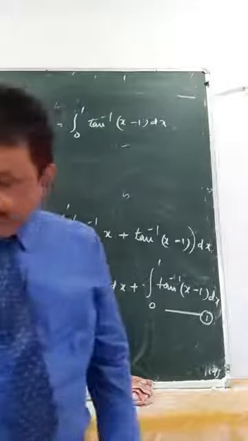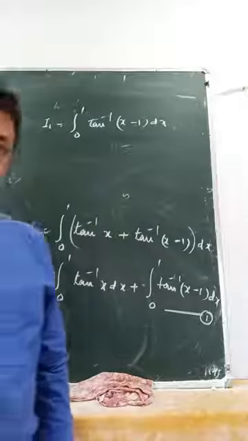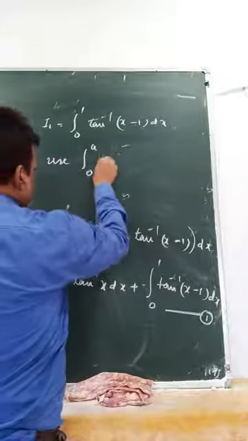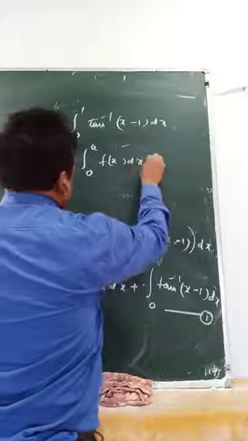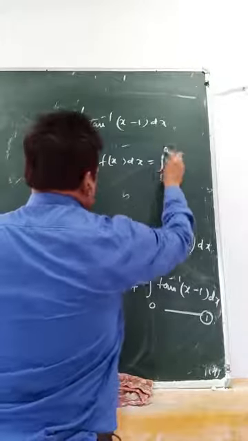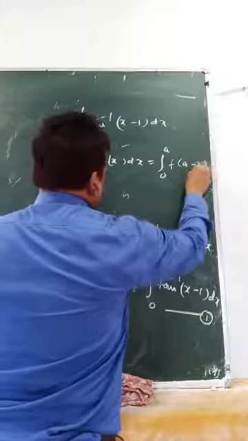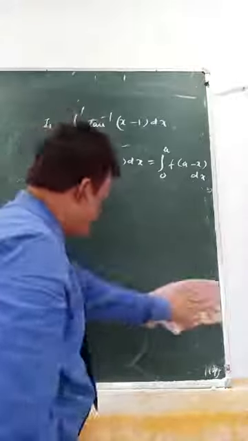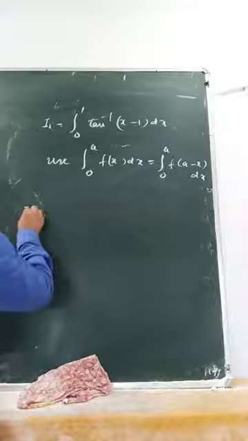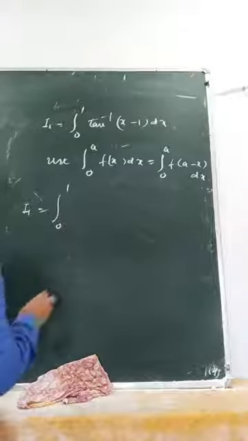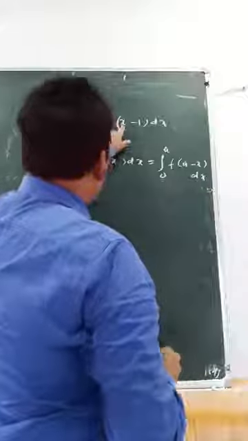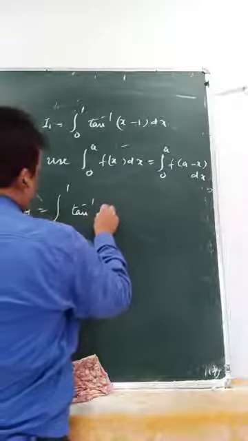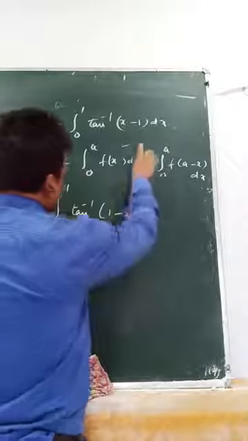Okay? Then what property will we use here? Use integral 0 to a f(x) dx equals integral 0 to a f(a minus x) dx. So I1 equals 0 to 1, a minus x, this will be 1 minus x, tan inverse 1 minus x minus 1.